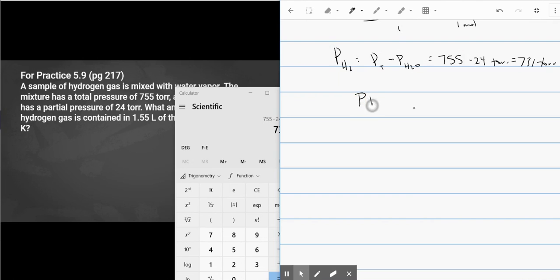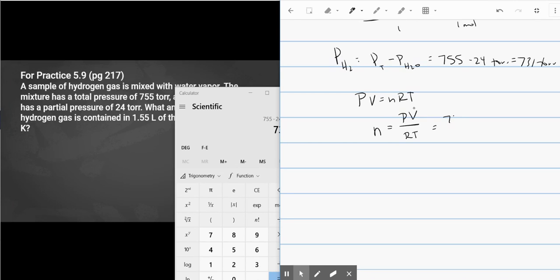So we have PV equals nRT. I'm going to go ahead and rearrange this for n. So n is going to be PV over RT. Okay, we just divide both sides by RT. Those would cancel and they move over here. And my pressure this time is 731 torr.